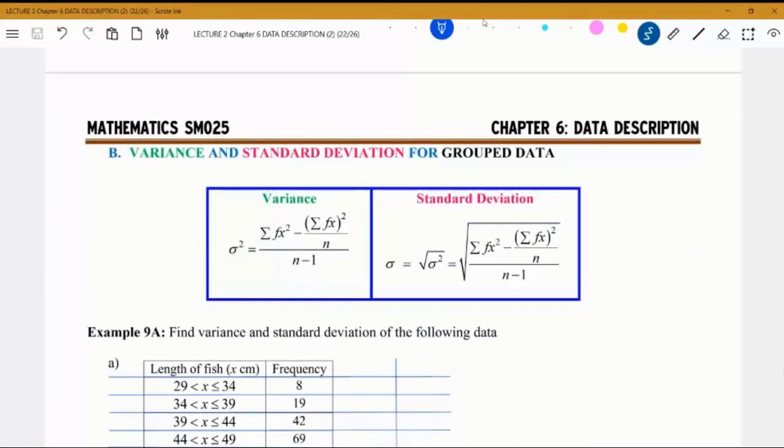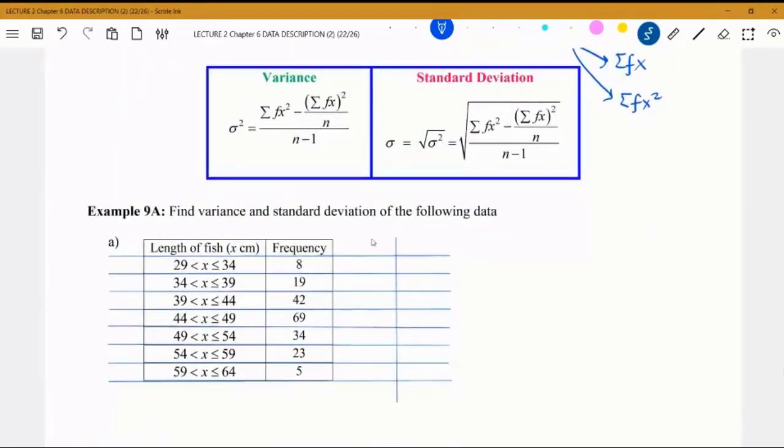So you have to find the n, the summation fx, and the summation fx squared. So since we have the x here, you have to put the new column for fx, and then the new column with fx squared.